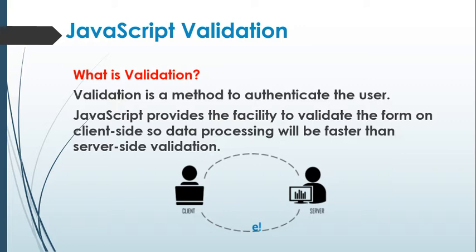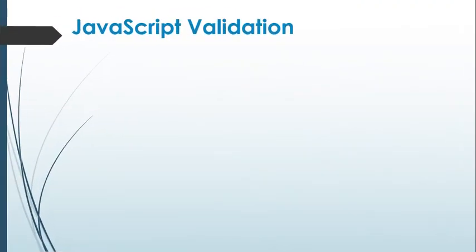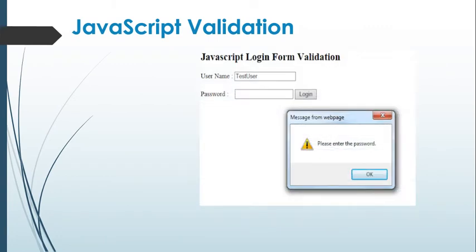So now that you know the different fields on which you can perform validations, let's move ahead and take an example and see how validation works in JavaScript. In today's session we will take the example, so let's see how the code works.